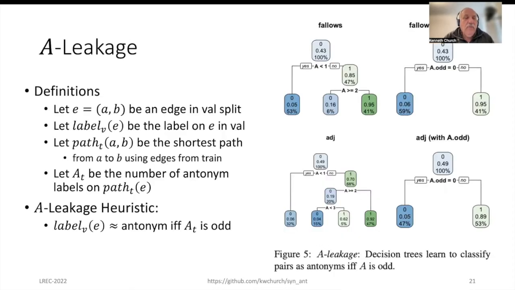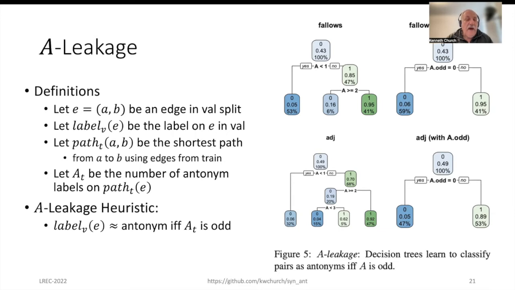We're going to introduce something we call A leakage. And the definition: let E be an edge from A to B in, say, the validation split, and let label sub V be the label on E in that split.